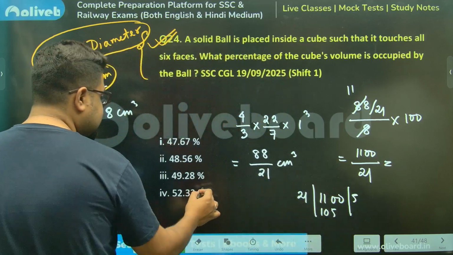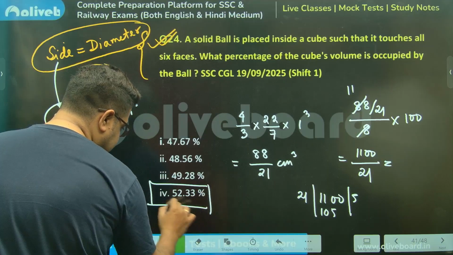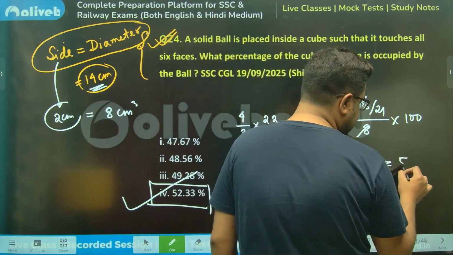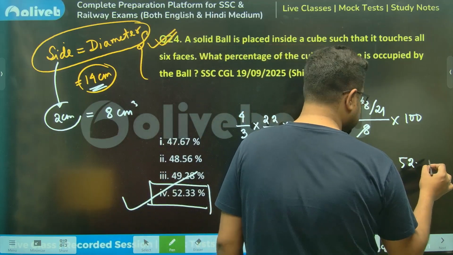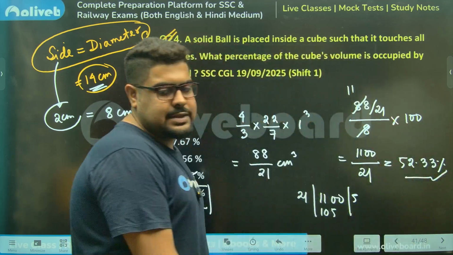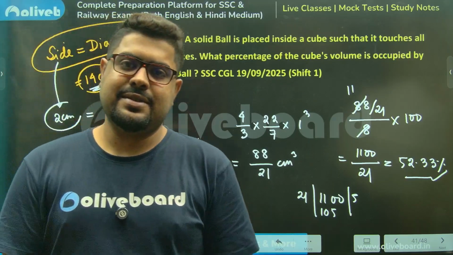Sir, I don't need to do anything. There can be only one answer, because that is the only answer which is above 50%. You will say that's my answer. That is 100% my answer, sir.